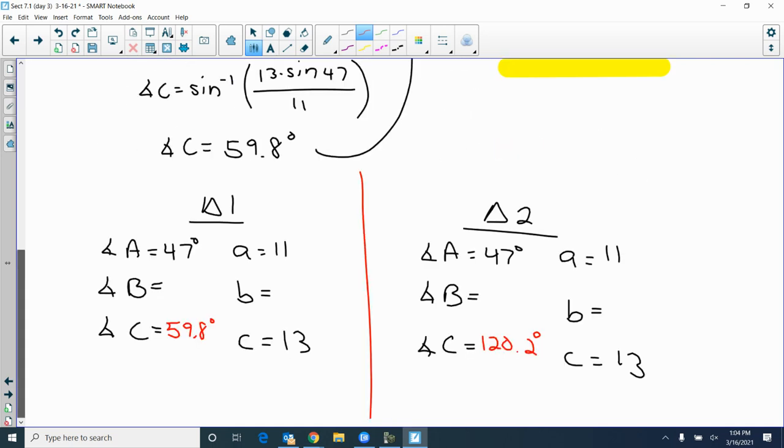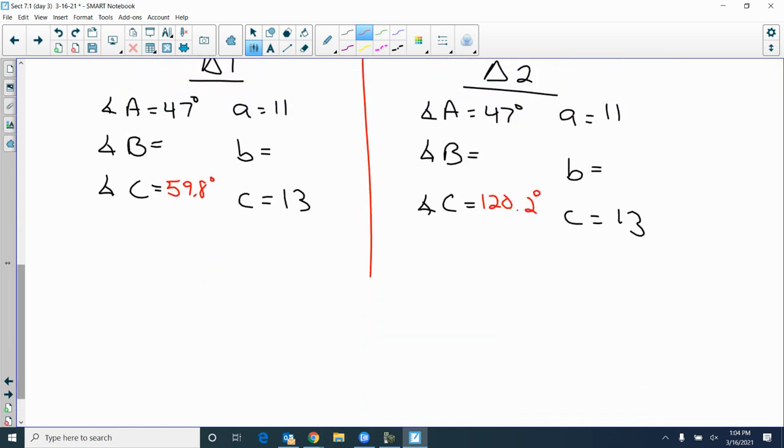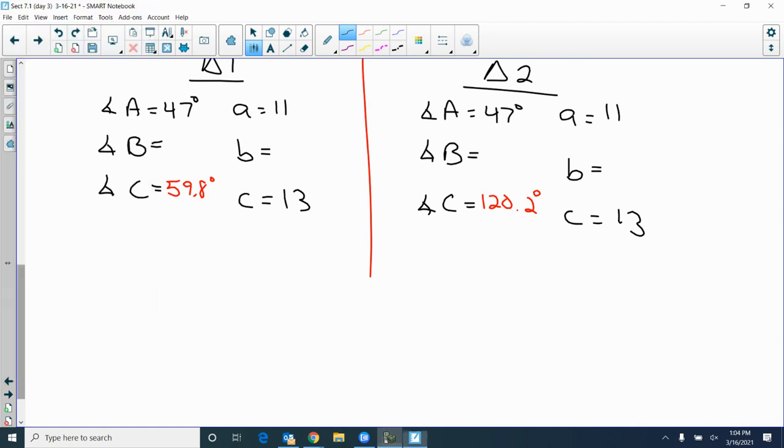And then we're going to find side B. So 180 minus 47 minus 59.8. And that gives me 73.2. Let me put this in red, 73.2 degrees. All right, now to find side B.